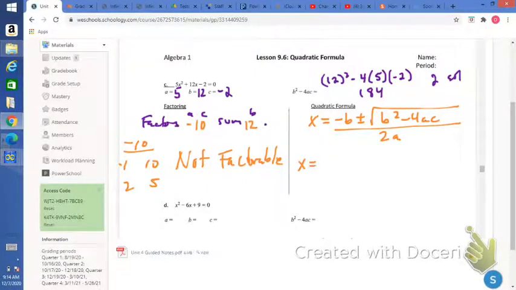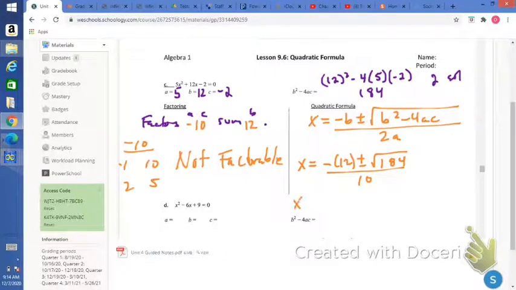So x equals negative b, so negative times 12, plus or minus the square root of b squared, so that was 184, all over 2 times 5, which is 10.